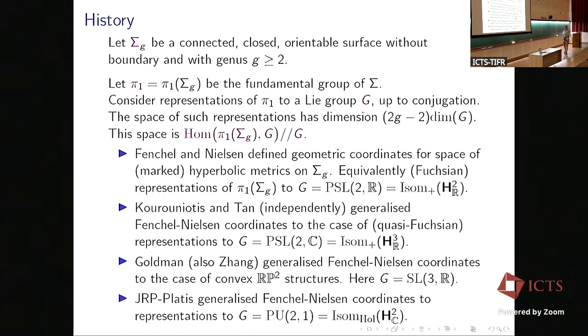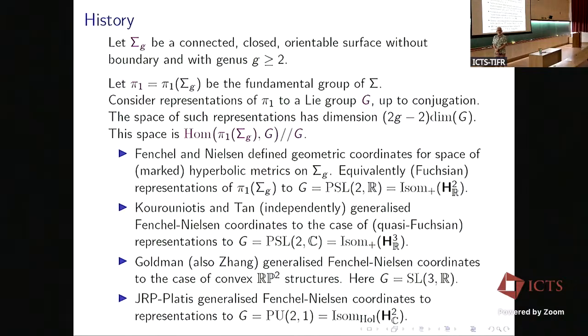A separate strand was Bill Goldman was thinking about convex real projective representations, and he generalized Fenchel-Nielsen coordinates. Tengren, who's somewhere here, I can't quite see where you are, but he also worked on that, and he did a slight modification which is going to be very useful to us. So I'm using his name in brackets there. And then, along with my former postdoc, Yanis Platis, we generalized this for complex hyperbolic space.